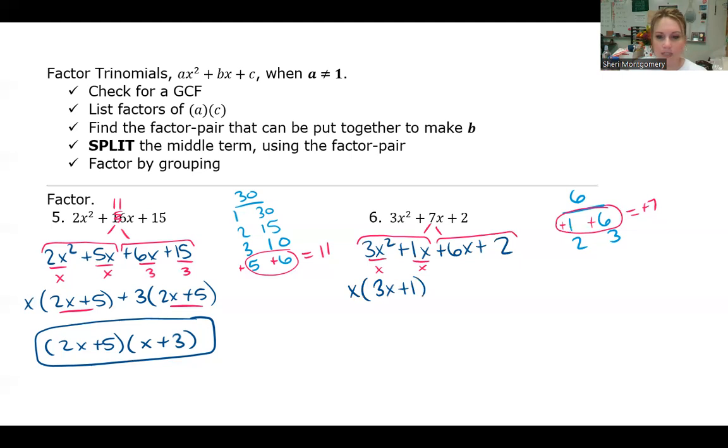My second GCF looks like a 2, and it's a positive 2. My goal was to get 2 factors that are exactly the same, because that's a GCF. I'm gonna put it out in front.